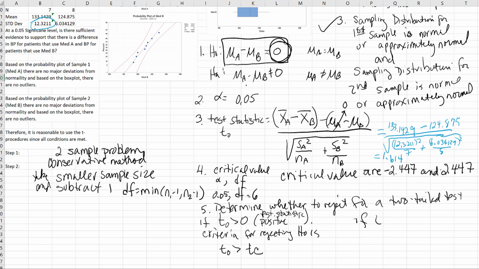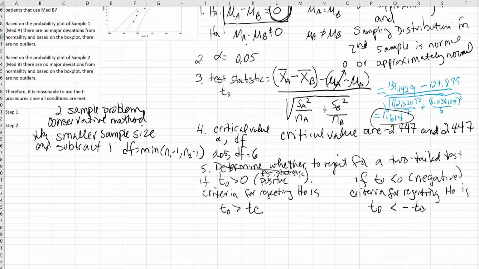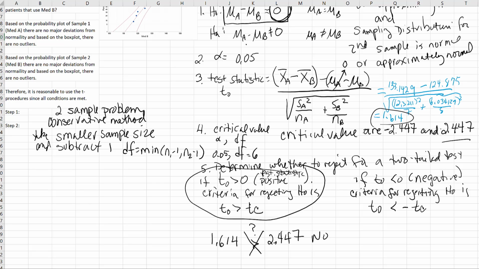Now, if my test statistic is less than 0, in other words negative, then the criteria for rejection would be my test statistic should be less than the negative critical value. Well, my test statistic is positive, so I'm in this case right here. So is my test statistic 1.614 greater than the positive critical value, 2.447? And the answer to that is no. It isn't greater. If it's not greater, I cannot reject.